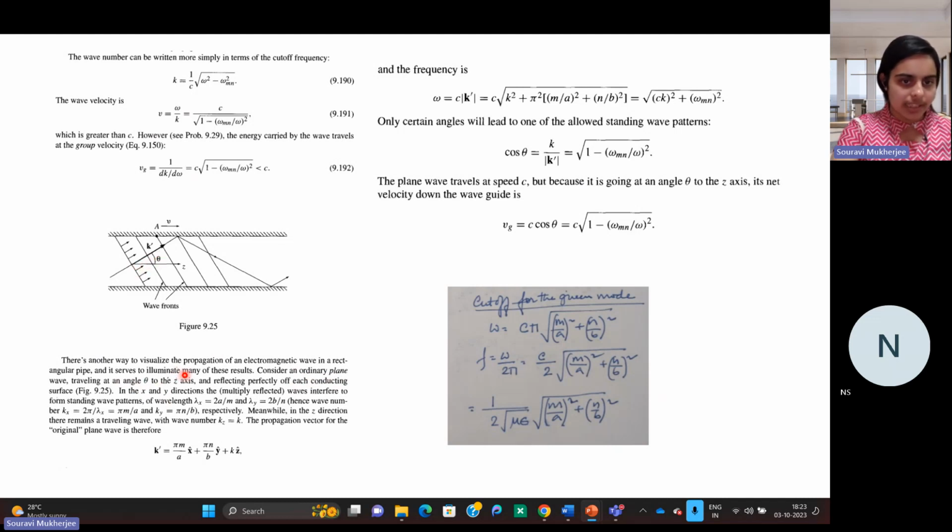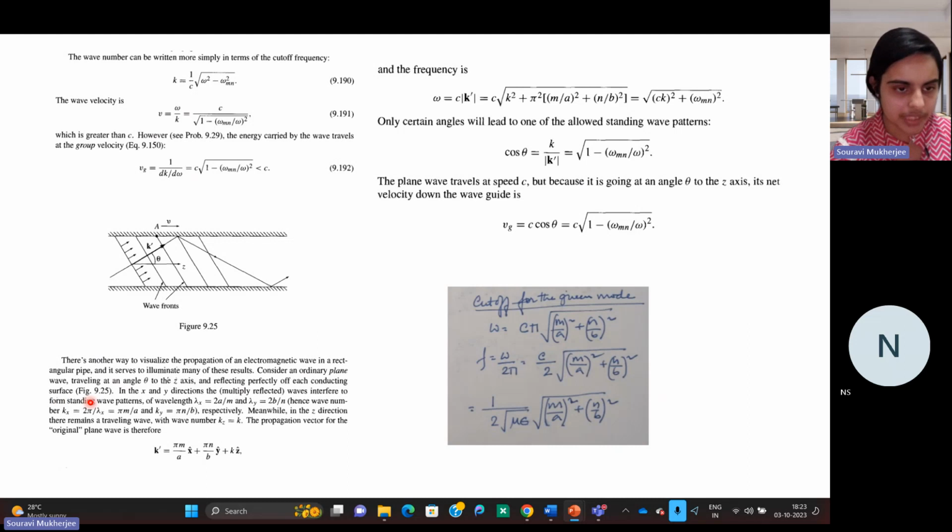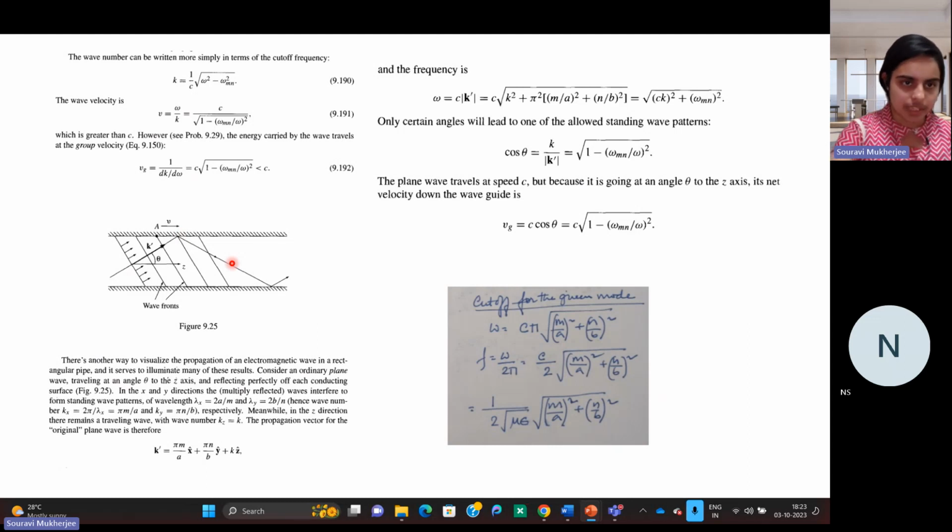It's reflecting perfectly off each conducting surface. That tells you how your wave numbers should be to form a standing wave pattern. It would hit, get reflected, and come back again, creating a standing wave pattern with values that come from the dimensions, right?